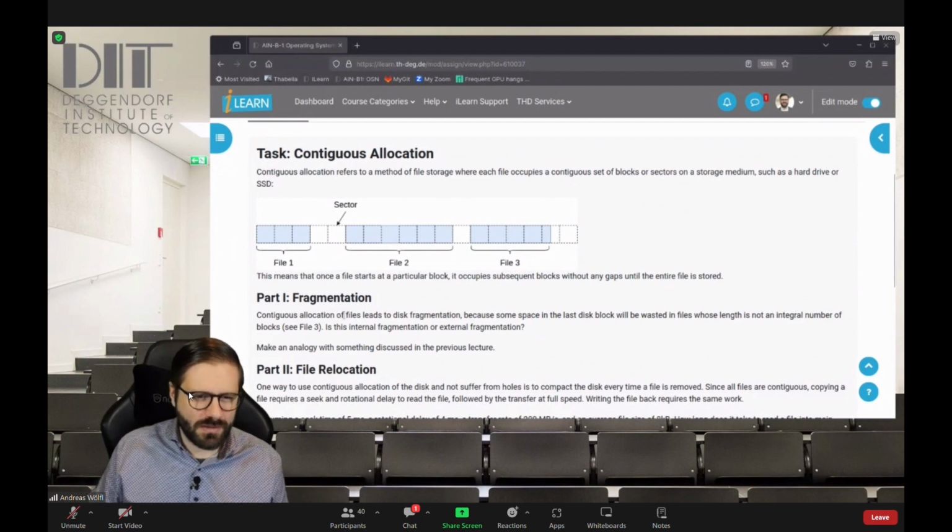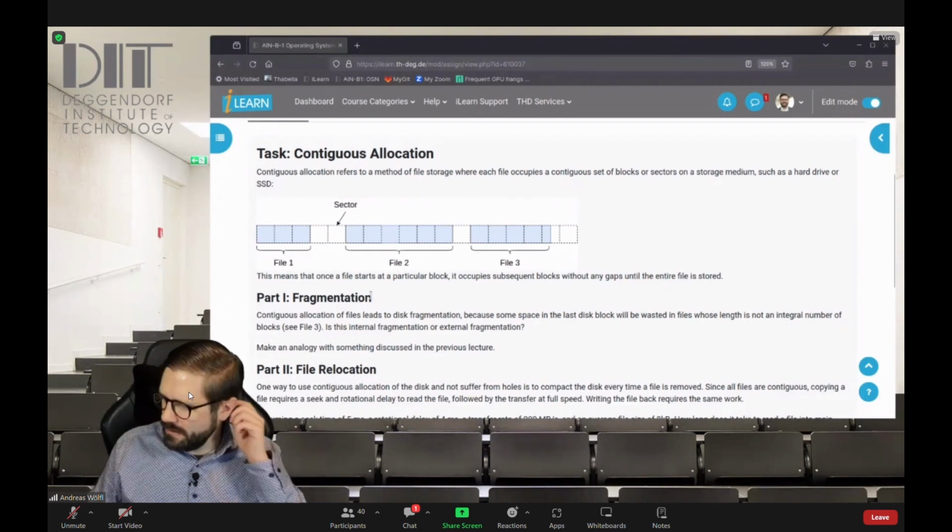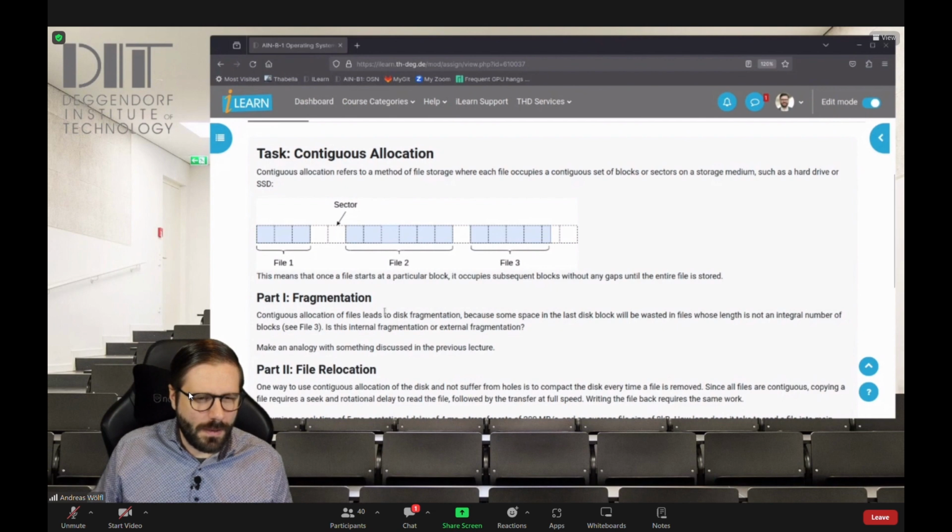But one thing that I want to mention is the types of fragmentation. In memory management, we talked about external fragmentation and internal fragmentation, and you see these two fragmentation types as well if you take a look at this picture.